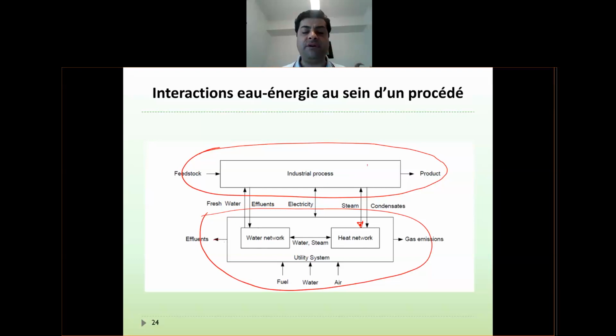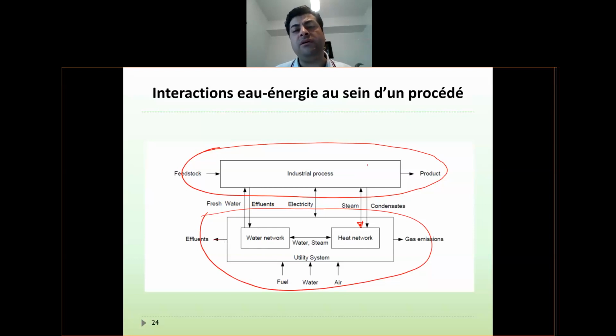Because of that, we have to have a very optimized process, with optimum consumption of energy and optimum consumption of water. In other words, we have to make sure that as much as possible we are using process-to-process streams, either thermal or water streams, so that we will be less dependent on utility.